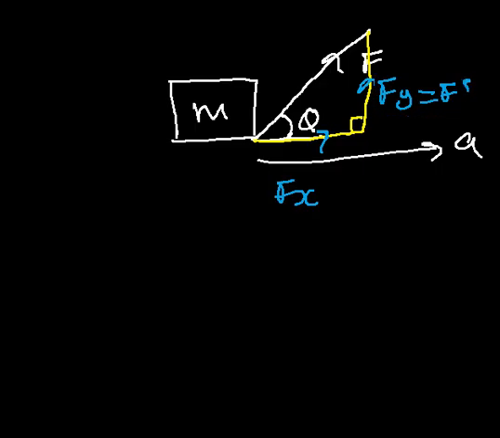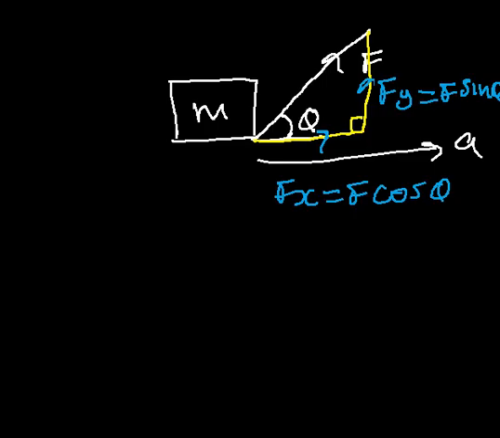Likewise, Fx corresponds to the adjacent over the hypotenuse, and that is Fx being given as F cos theta. So understand the trigonometric ratio and how we should apply it here. Keep that in mind.